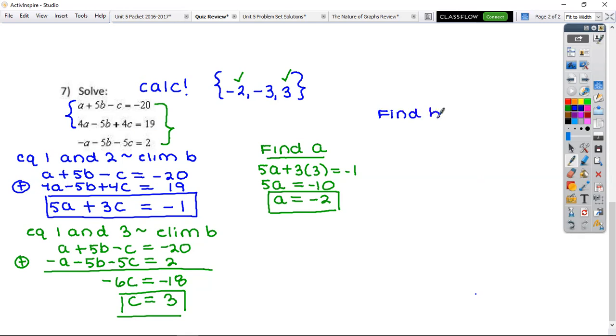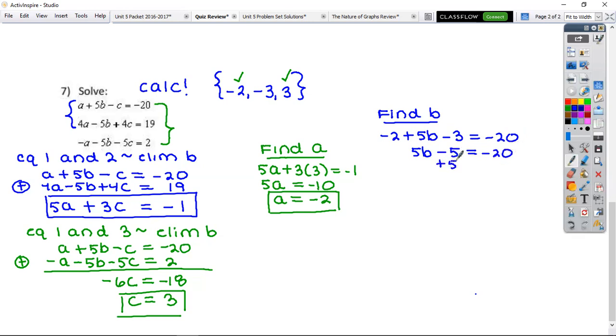So lastly, we conclude by finding B. I'm going to go negative 2 plus 5B minus 3 equals negative 20. So I have 5B minus 5 is equal to negative 20, plus 5.